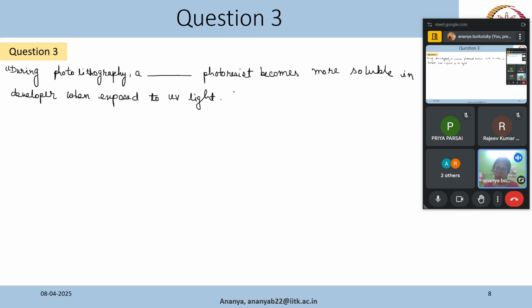I'll not give you options, so it's a very easy question. You can tell me the answer. Ma'am, positive photoresist. Positive photoresist. Yes.